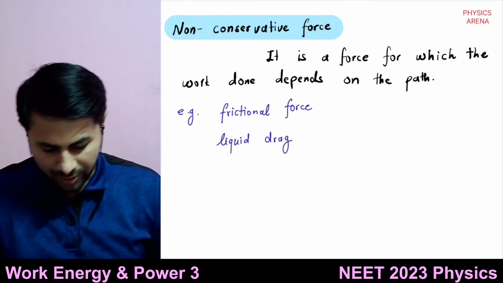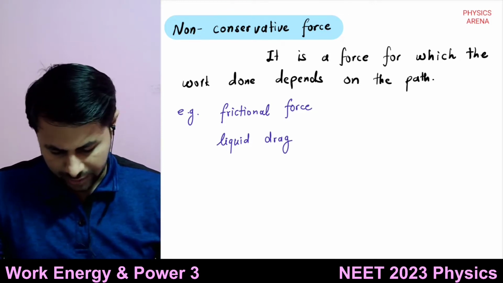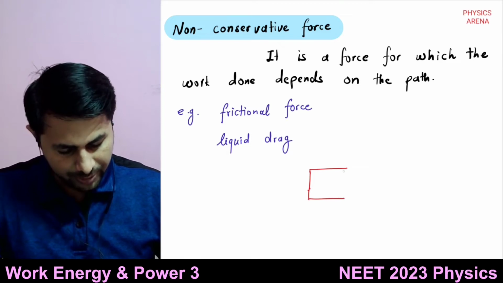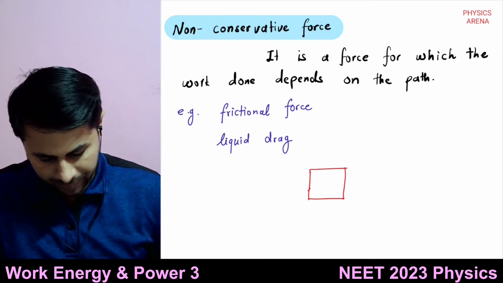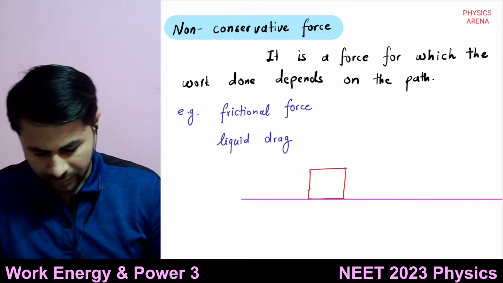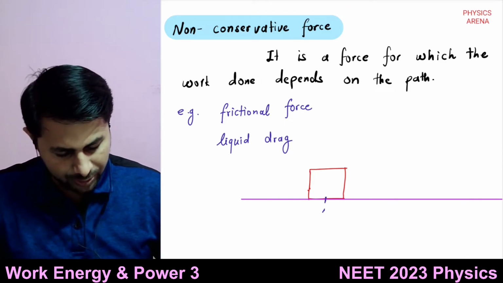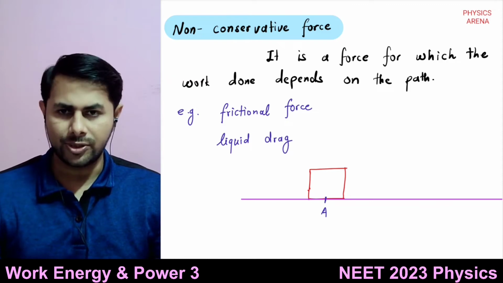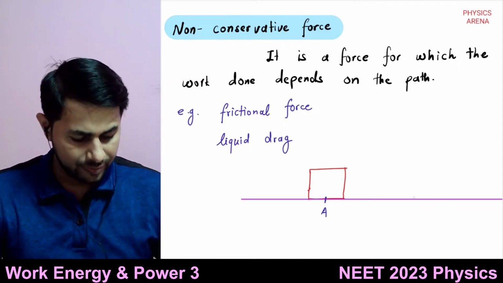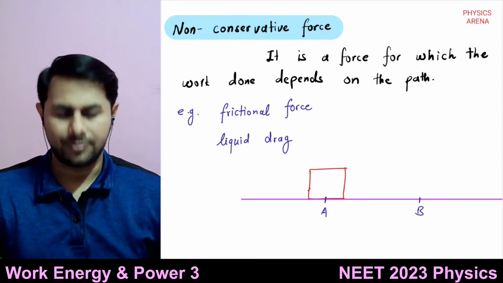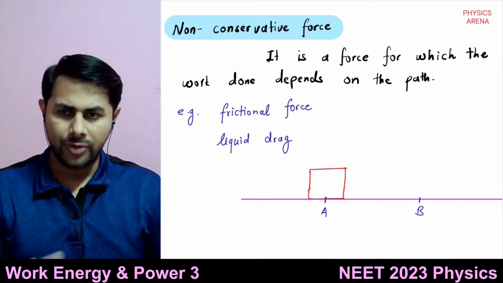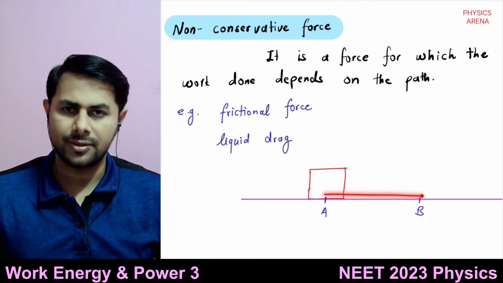Okay, so for an example, let's consider a block like this kept on a floor, and initially it is at position A, and we are going to move it from this position A to B. Okay, so now I move it from A to B like this.